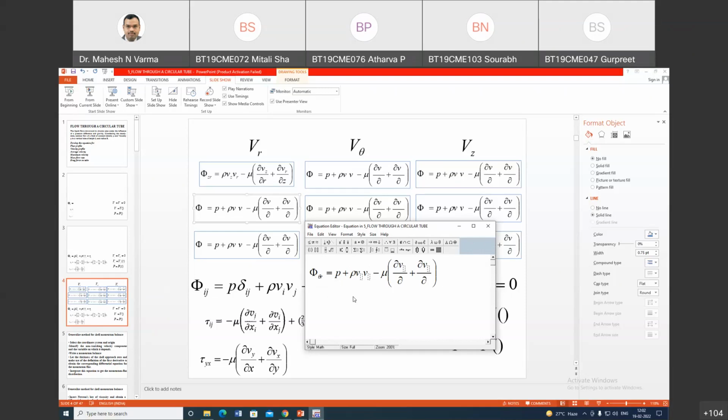Sir, p will be 0. Why? Sir, because it is not changing in the theta direction. So this is pressure in theta direction. Pressure will not have any direction.